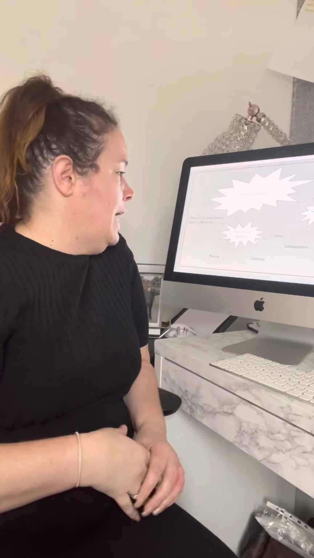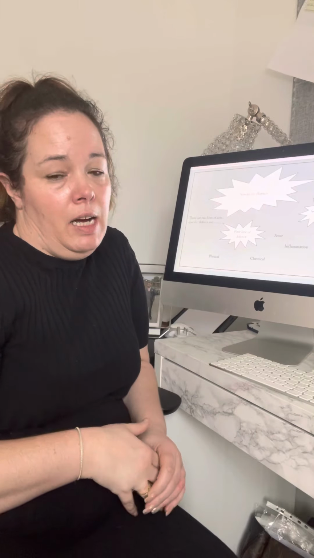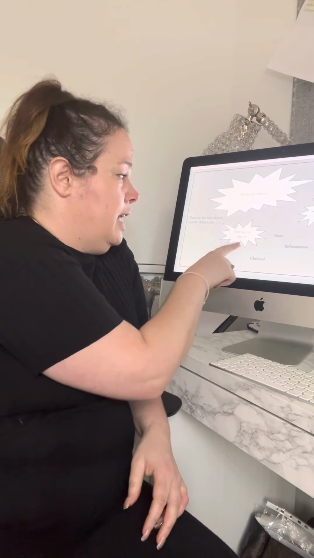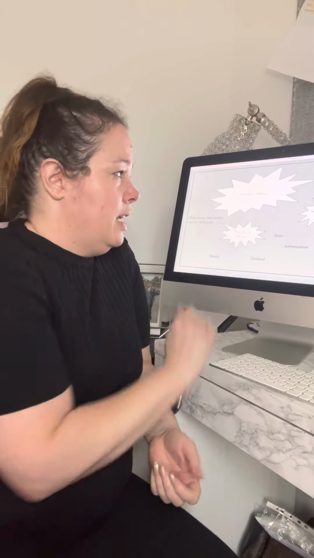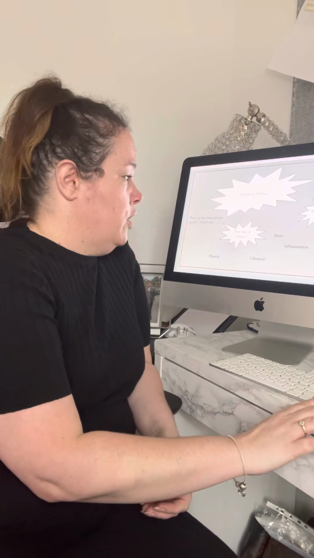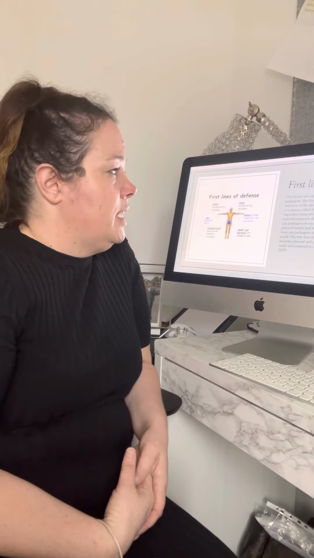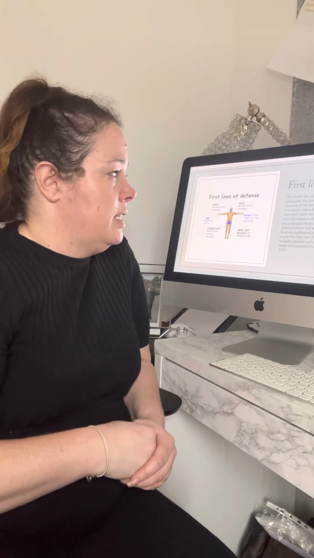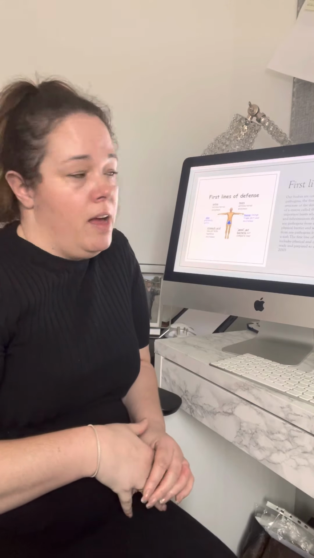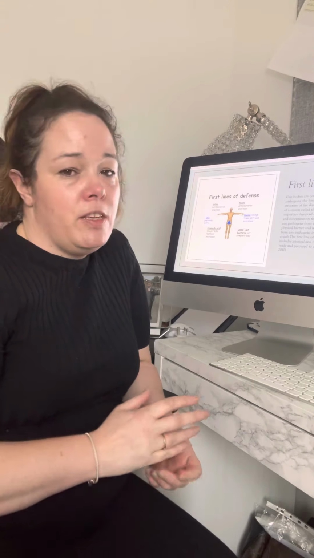So the two lines of non-specific defence are the first line of defence and the second line of defence. Here I will show you what the first line of defence does for the body. Our bodies are constantly defending against attack from pathogens.